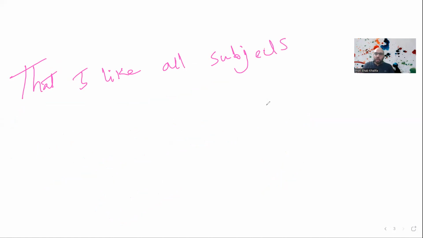These are the tricks of the test maker of SAT. You see the word subjects, you say, oh, wow, that is super easy, or that is totally incorrect. You have to read carefully. We have rules. So as long as the first word is that, it must be singular. That I like all subjects is a fact for me. That I like all subjects is, not are.